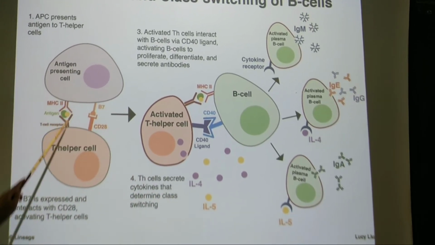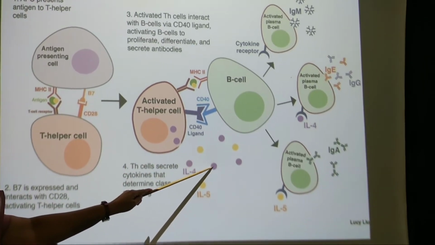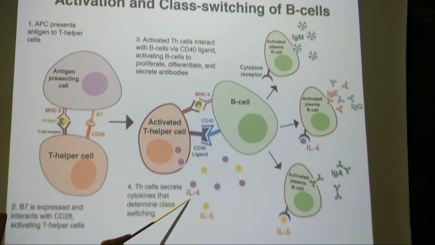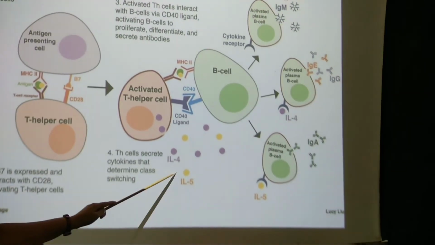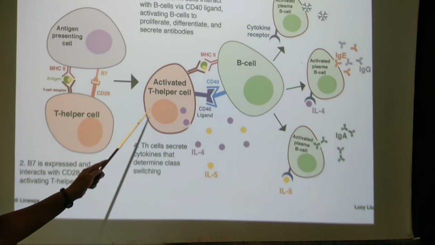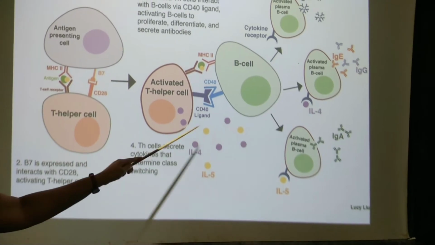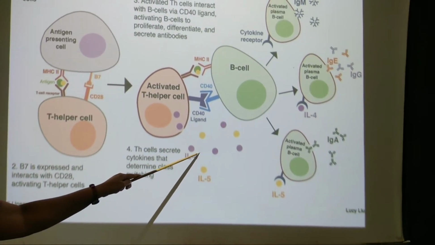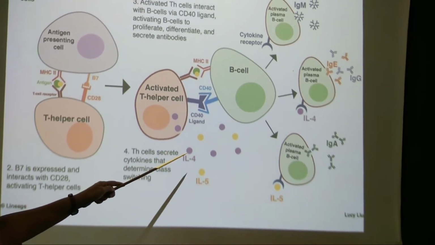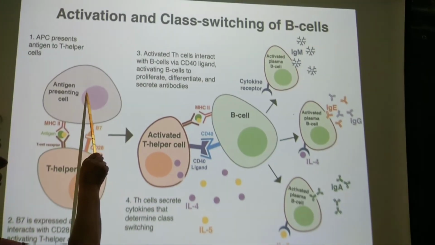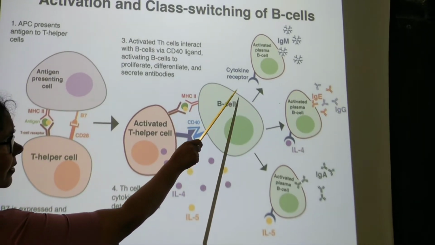Generally, in this process we have already seen, the activated T helper cells secrete cytokines. You can see interleukin 4 is there, interleukin 5 is there. Once the T helper cells get activated and secrete interleukins, different types of cytokines are secreted, and that will actually determine how the process proceeds further. In the normal course of activation and differentiation, what is happening here?